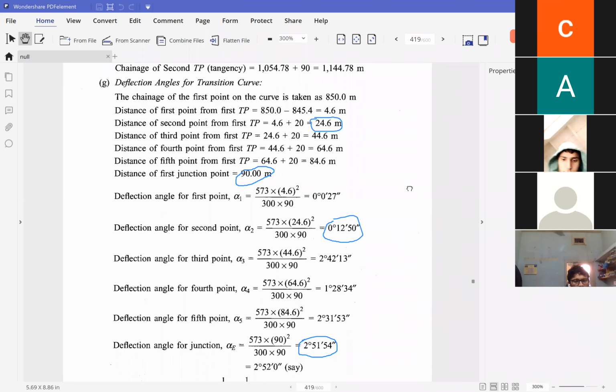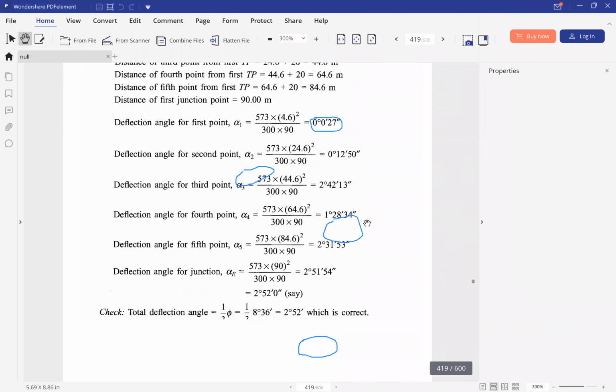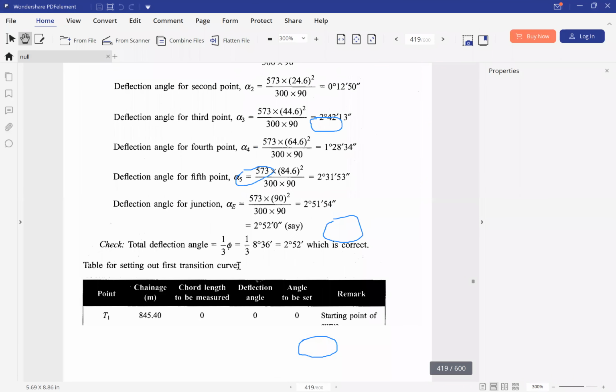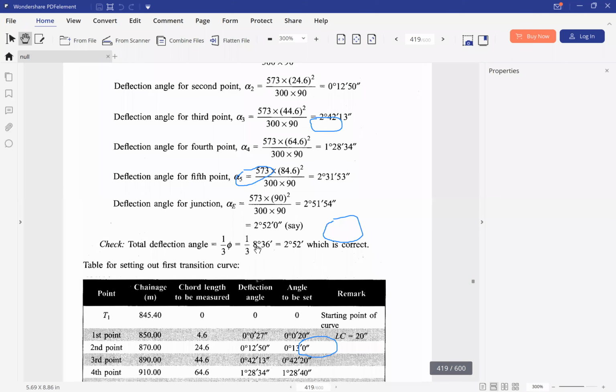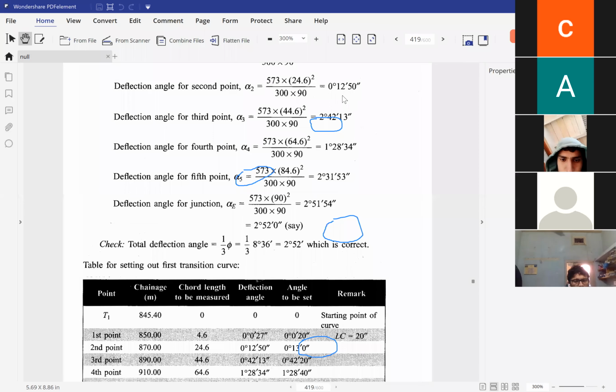Now we need to apply the check. The check is that the total deflection angle should be equal to 1 by 3 phi. The phi value is 8 degree and 36 minutes, so taking 1 by 3 of that, the answer is 2 degree and 52 minutes. This is exactly the value that we obtained, the total deflection angle of 2 degree 52 minutes.